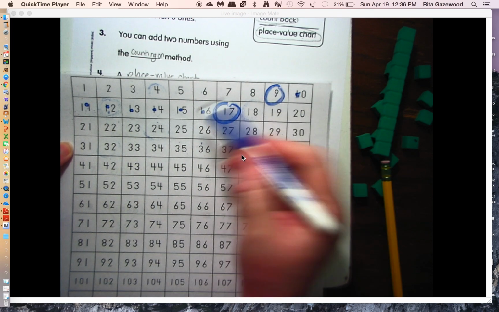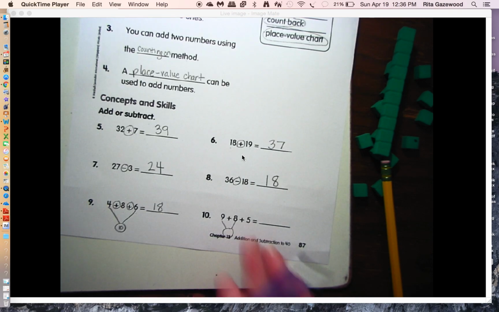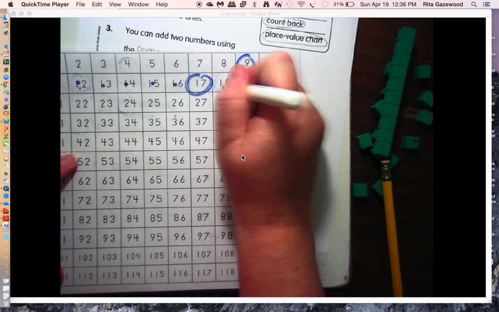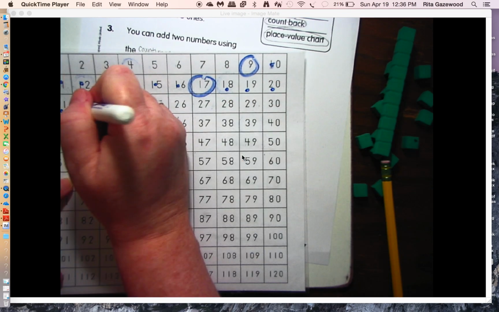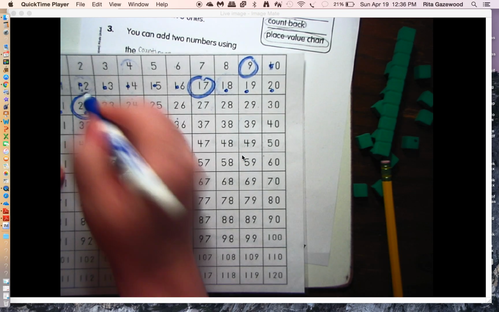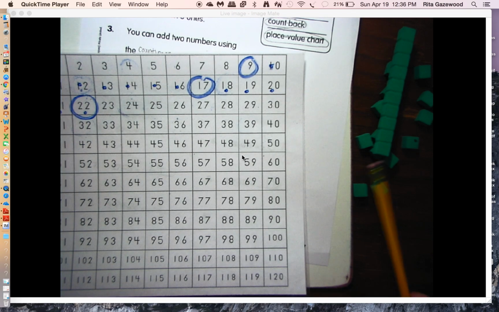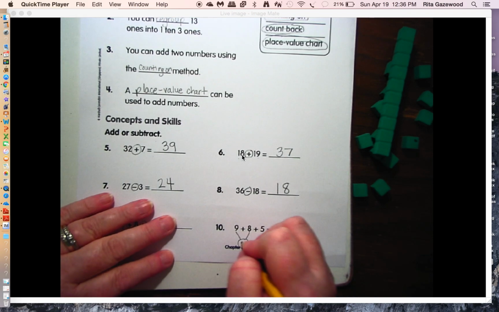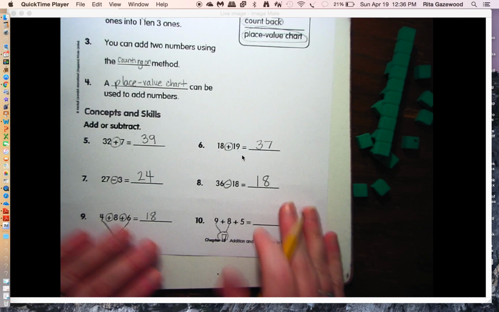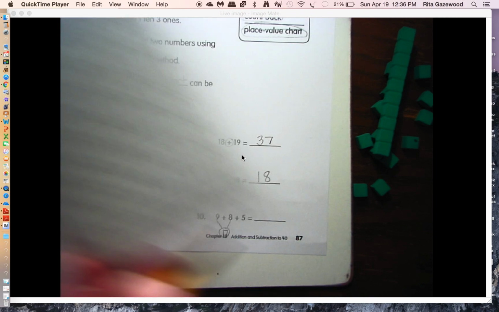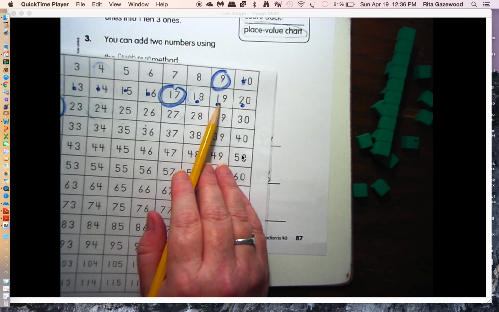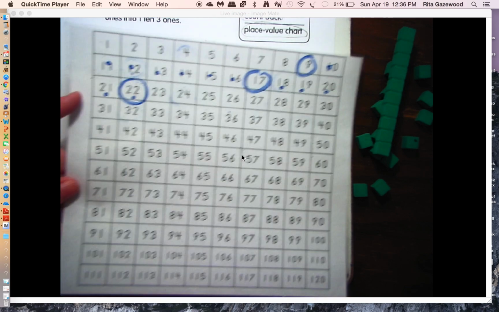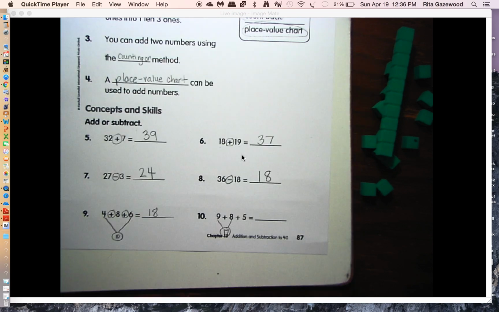So 9 and 8 make 17, plus 5 more. 1, 2, 3, 4, 5. So that makes 22.